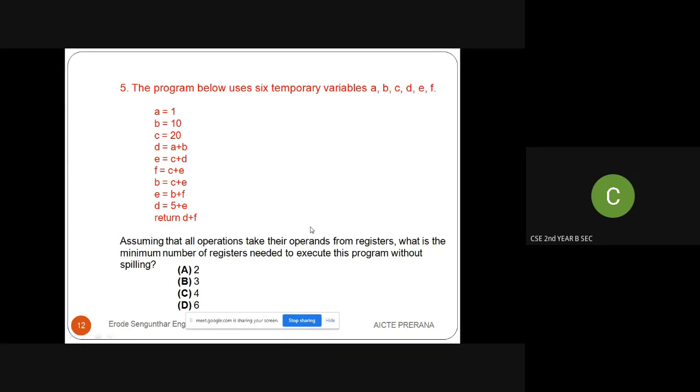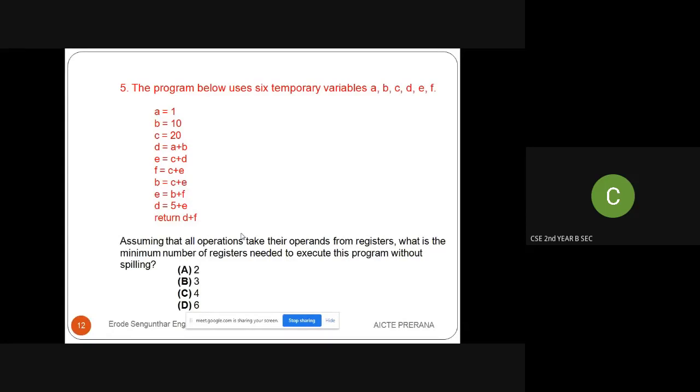So here they have given the set of temporary variables and related instructions. What are they asking? Assuming that all operations take their operands from registers.